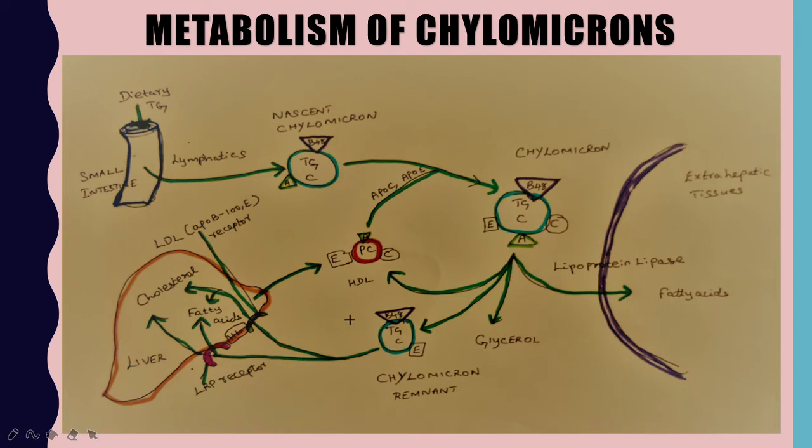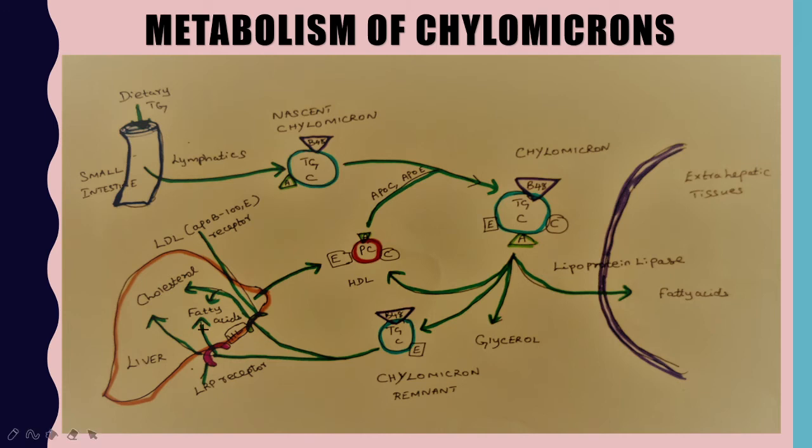Now this chylomicron remnant is a rich source of cholesterol, and it has less amount of TG. This small amount of TG is also converted into free fatty acid and glycerol, and most of the esterified cholesterol will be converted into free cholesterol.